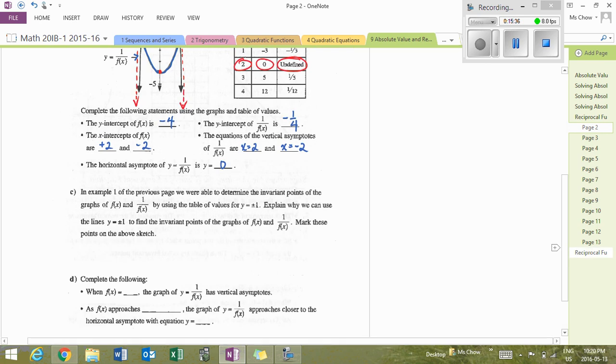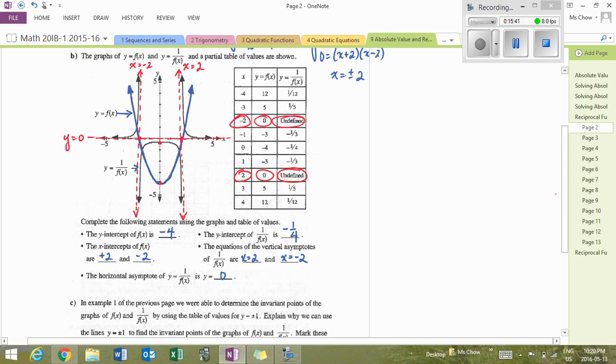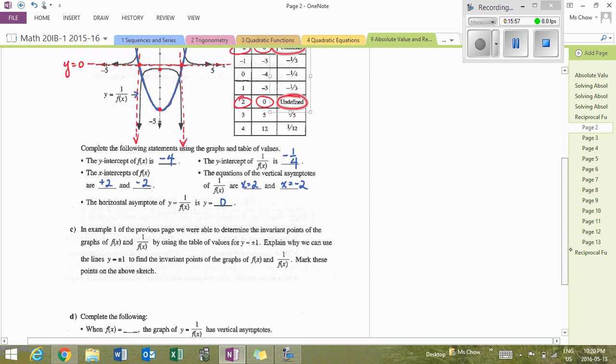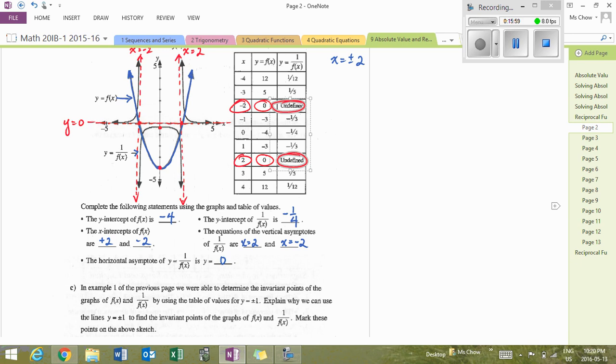So looking at the invariant points, they don't actually show that on the table itself. We can skim through, and what are we looking for again? We're looking for y is equal to 1 or y is equal to -1. We're not seeing that there. So what we can do, though, is still mark that on our graph. You can see that in a couple of ways. One, you can see where the intersection is. The other part too is, here's y equals -1.